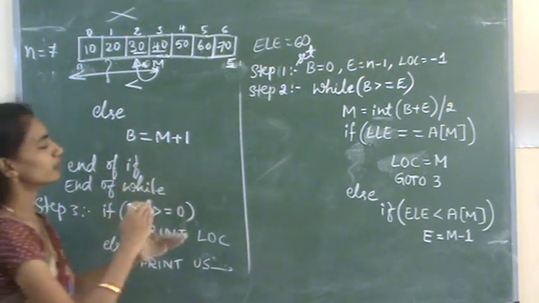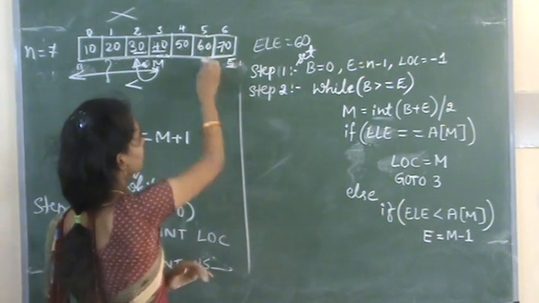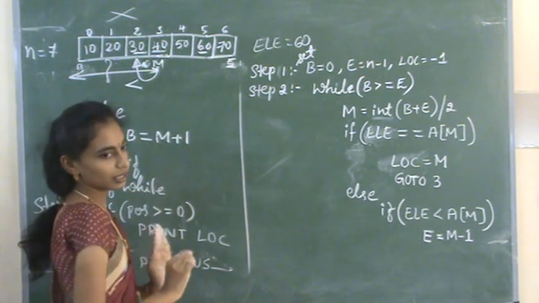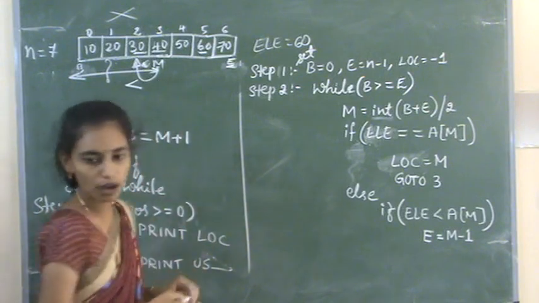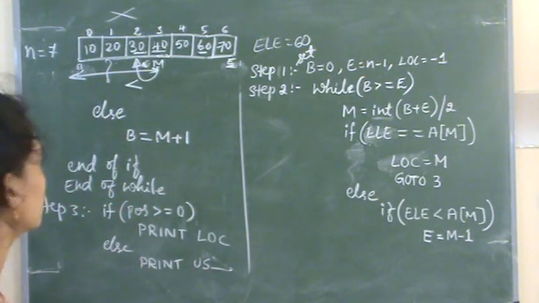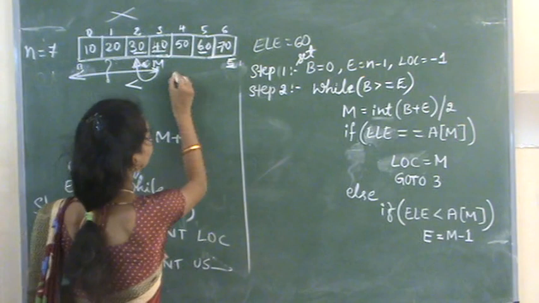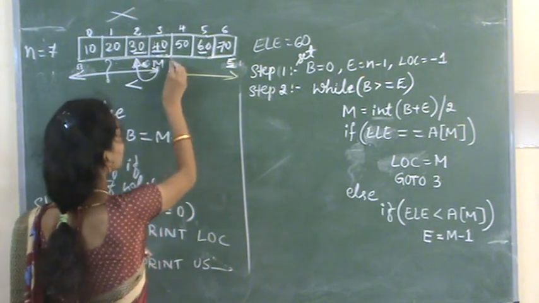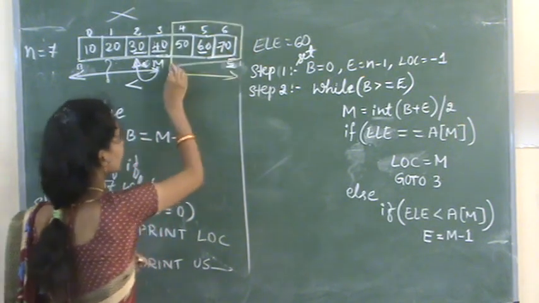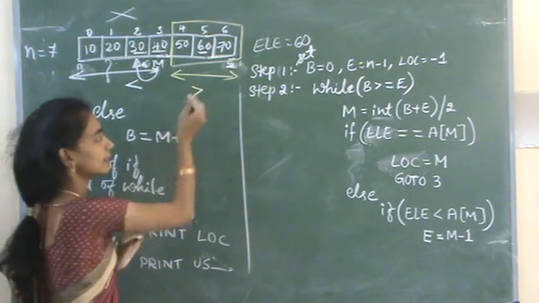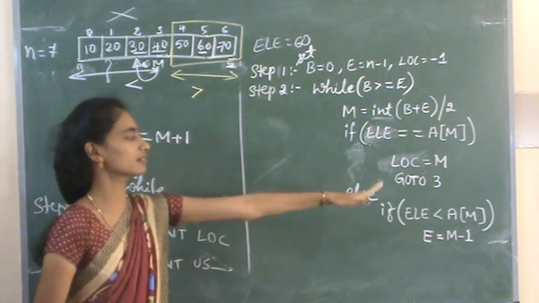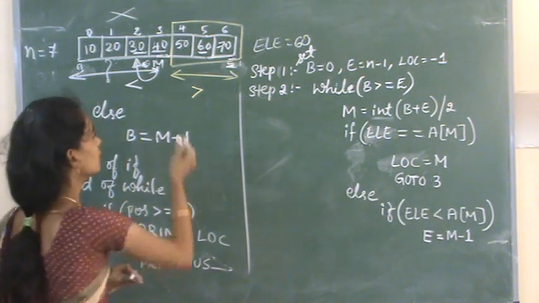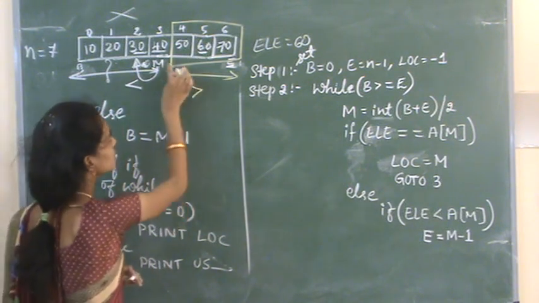Okay. So if the element is greater, suppose I am searching for this 60, right? So if it is greater than that, we need to perform the search operation from here to here, right? So this becomes the array for the greater than operation. So if the search element is greater than the mid element, we need to change this beginning.